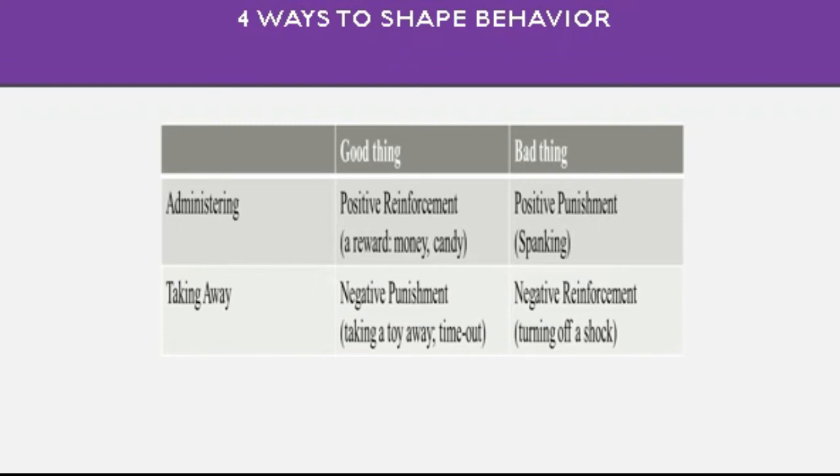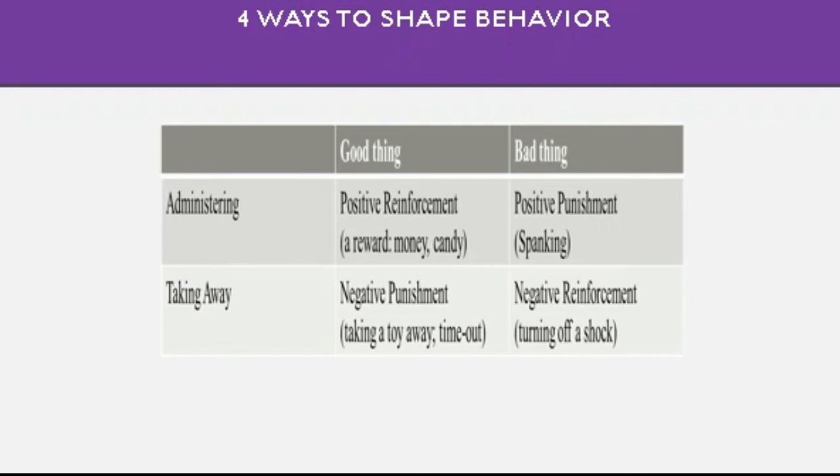When we say negative punishment, it's more about taking away, and negative reinforcement. When we say negative punishment, halimbawa, taking a toy away, or example would be may papagawa ka something and then may kailangang matapos niya sa ganung time frame, dapat matapos niya yung isang bagay na yun.